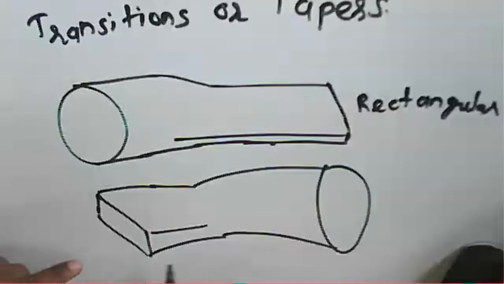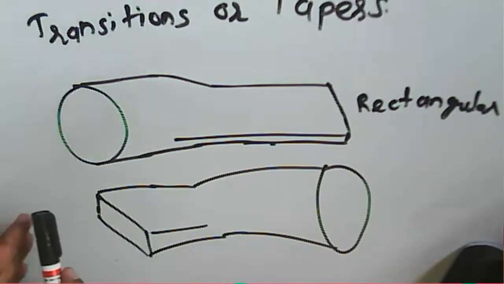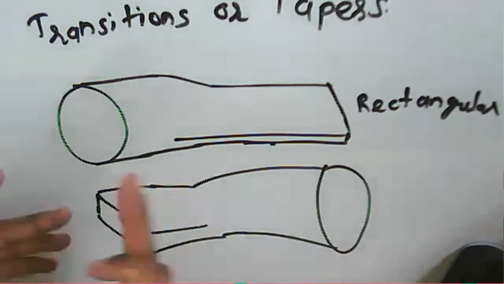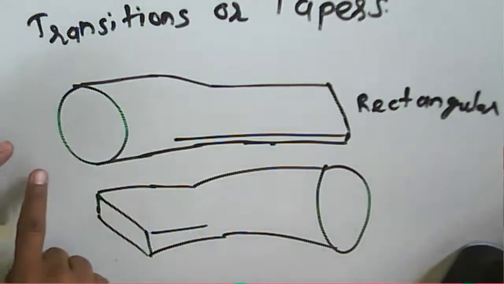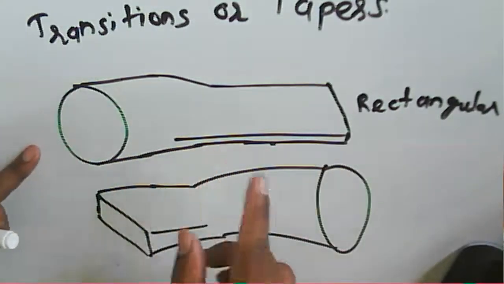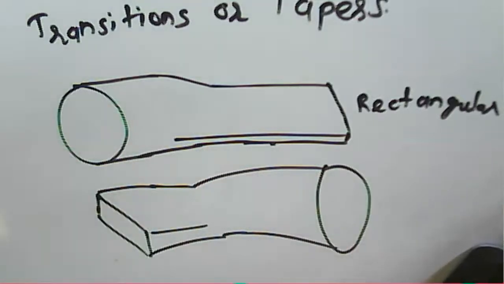Likewise, from rectangular to circular, we require a taper there. So for a given section of rectangular or circular waveguide, we require a taper to convert from circular to rectangular or from rectangular to circular. It will be used to change the mode also.